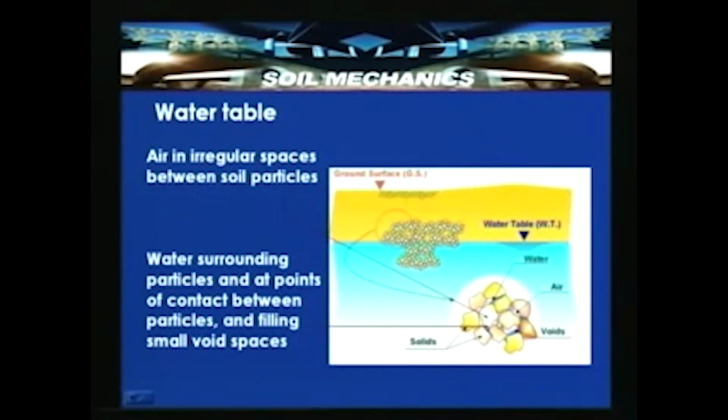If it is partially saturated, it will have some air voids in between the solid grains, and some of the voids can also be filled with water. So, water surrounding the particles and points of contact between particles and filling the small void spaces can be seen from this slide.